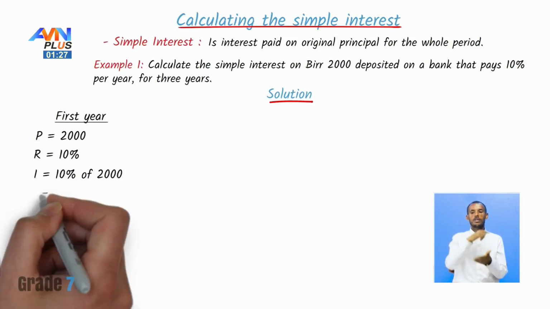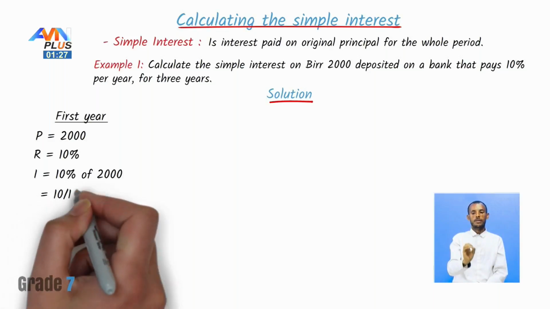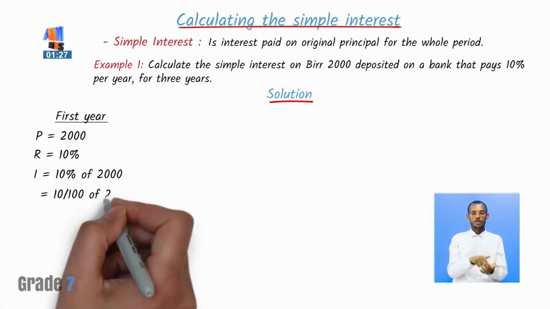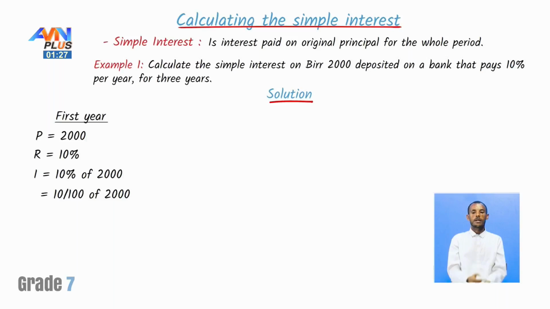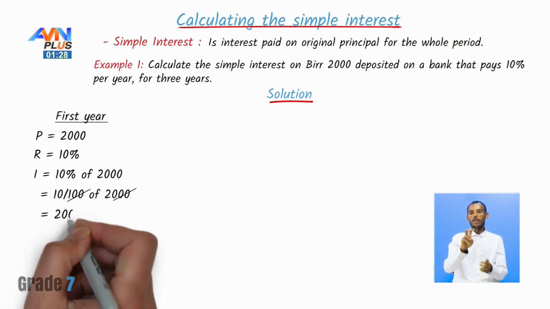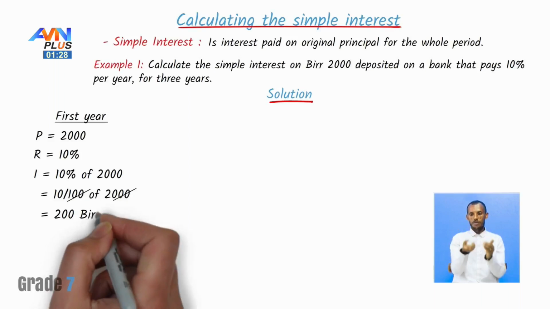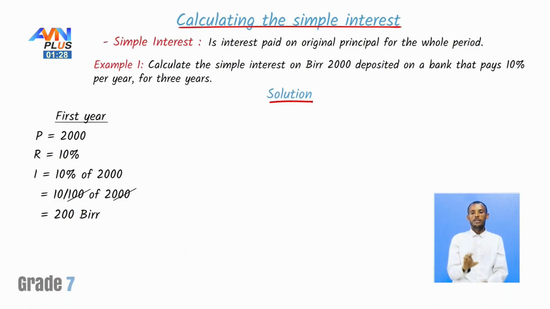Here, 10% means 10 over 100 times 2000. This zero cancels out. 20 times 10 is 200. So, the interest for the first year will be 200.